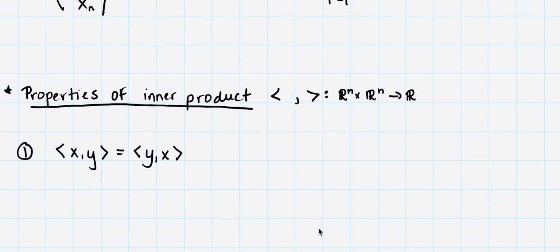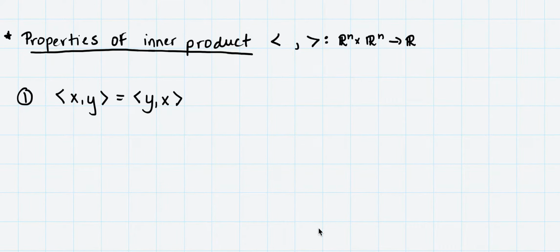Let's look at some properties of the inner product. The inner product takes a vector in Rn and we're multiplying it by another vector in Rn, and what we're doing is spitting out a number. So the first property is it's symmetric. Let's prove that really quick.